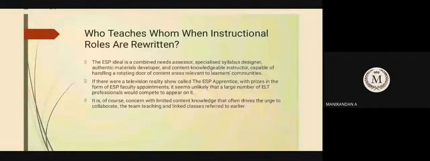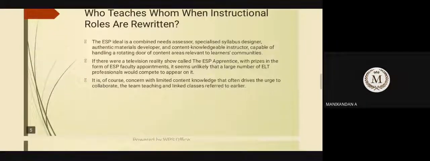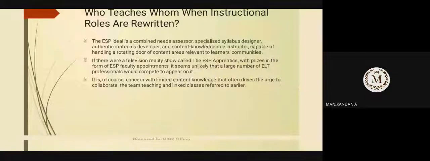Who teaches whom when instructional roles are rewritten? So ESP assumes that the problems are unique, and of course it deals with the combined needs assessors, specialized syllabus designers, authentic materials developers, and content-knowledgeable instructors capable of handling a rotating door of content areas relevant to learners' communities.